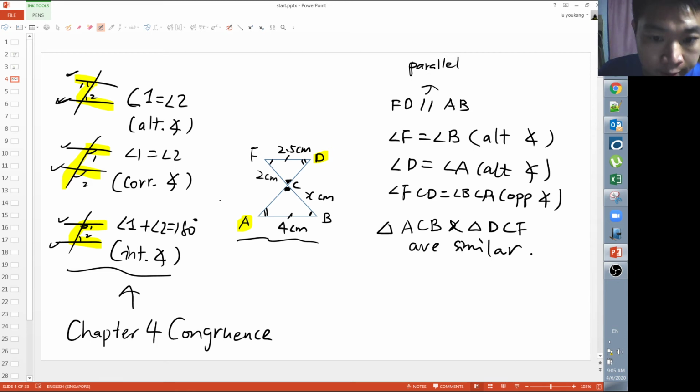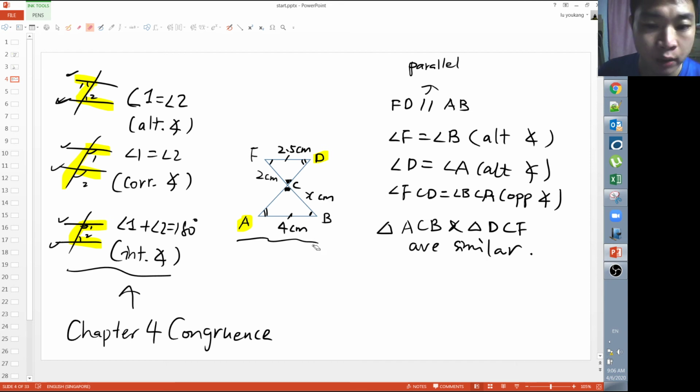The reason I choose 4 here is I don't want to choose 3 here, because if your x is 3 later and over here is 3, then this triangle ACB is an isosceles triangle, and this is not the case here. So that's why I want to choose 4 cm here.